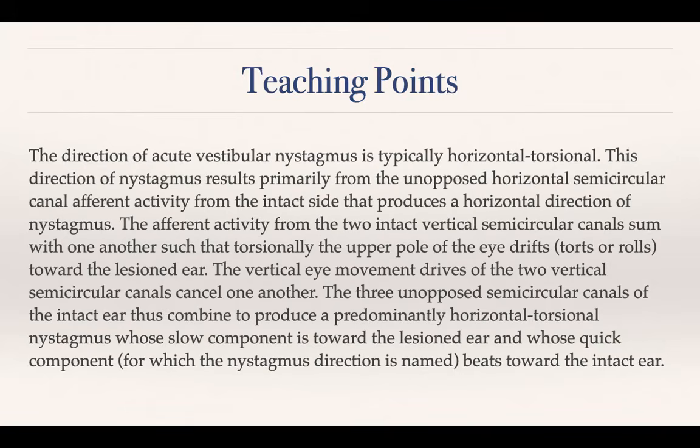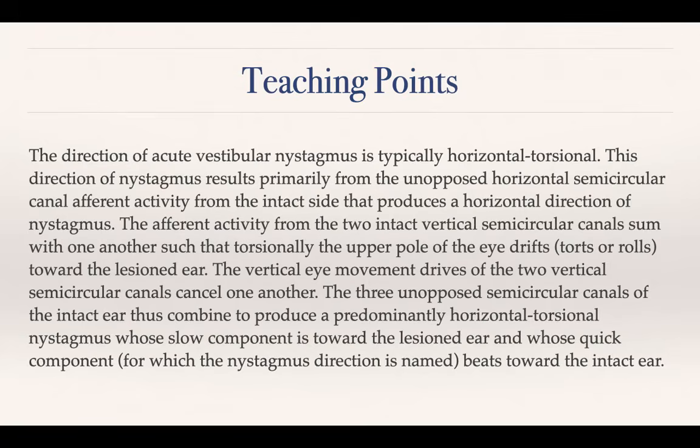The afferent activity from the two intact vertical semicircular canals sum with one another such that torsionally the upper poles of the eye tort or roll towards the lesion ear. The vertical eye movement drives off the vertical semicircular canals cancel against one another. Just to reiterate, the torsional drift adds up, the vertical drifts cancel.